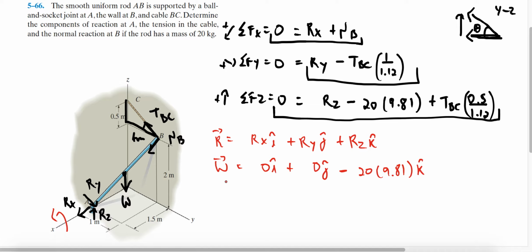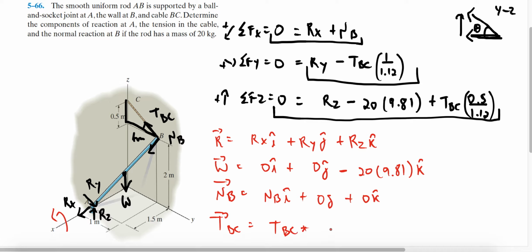Awesome. So 2 down, and B, we have just NB as its magnitude going in the i direction, 0 j plus 0 k, and then finally TBC. So TBC is the one that we would use. Obviously, the magnitude times the direction.